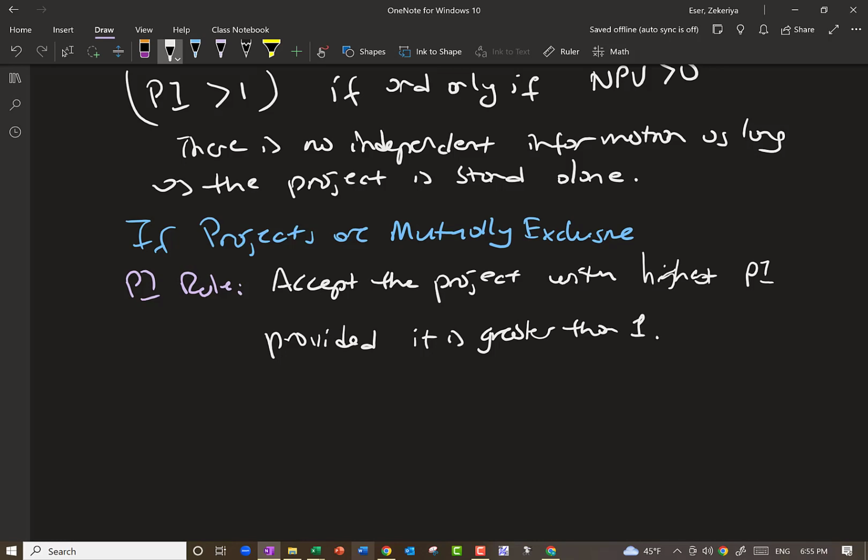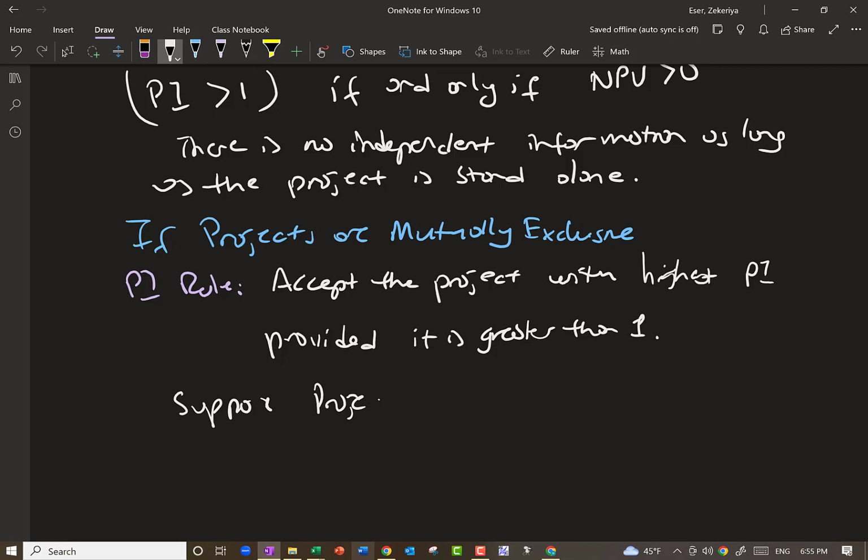Now, NPV and PI may not always give you the same decision if there are mutually exclusive projects, because PI doesn't know anything about the scale of the problem. Let's concoct an example.